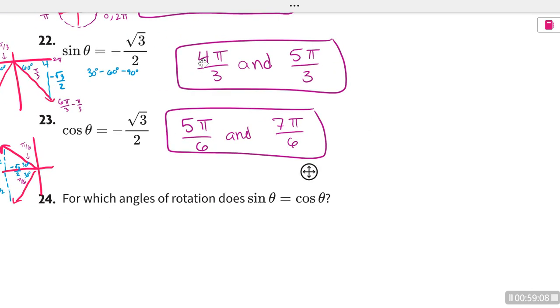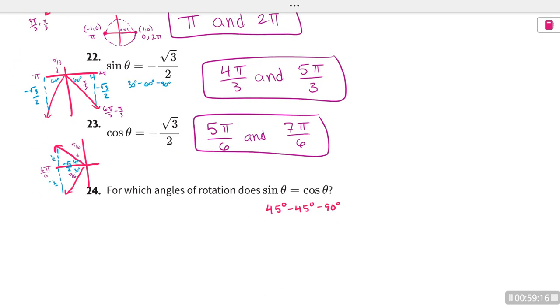So the only place that x and y are the same is in our 45, 45, 90 triangles. So x and y need to be the same sign as well. There are two quadrants where x and y are the same sign: quadrant 1 and quadrant 3.